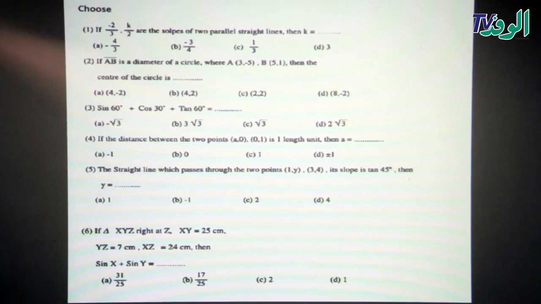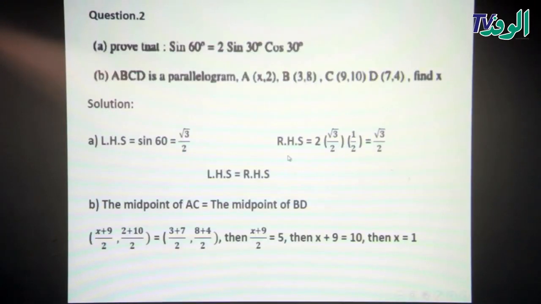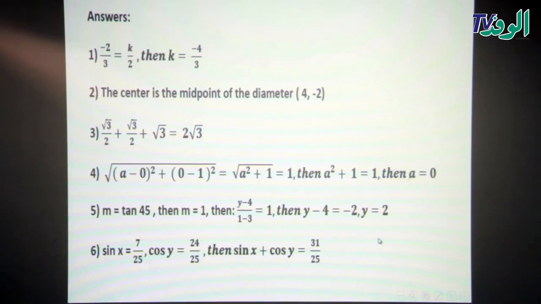Number 4. The distance between the 2 points (a, 0) and (0, 1) is 1 length unit. هنعمل rule الديستانس اللي هي square root of (x1 minus x2) to the power of 2 plus (y1 minus y2) to the power of 2. تعالوا نشوف مع بعض. اهو number 4 x1 كانت a, x2 is 0, y1 is 0 وهنا negative 1. عملنا طلع لنا square root a squared plus 1 equals 1.